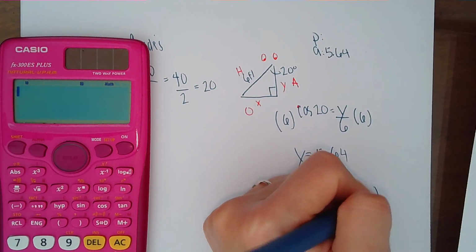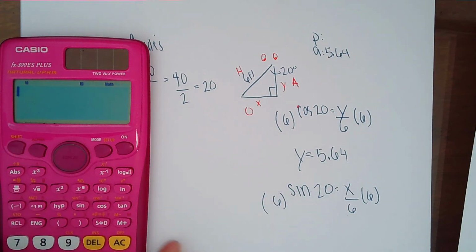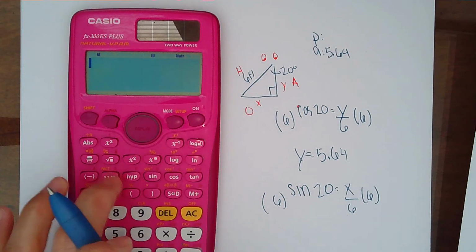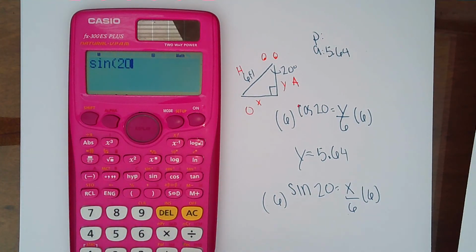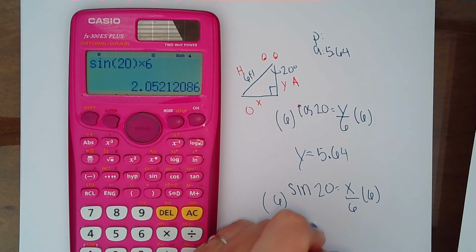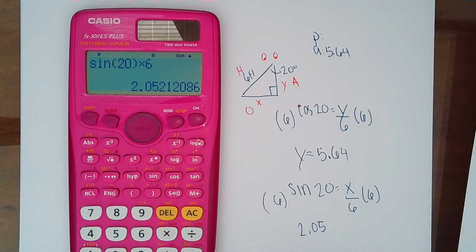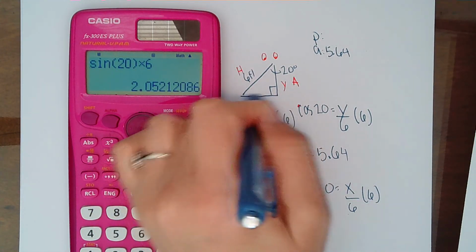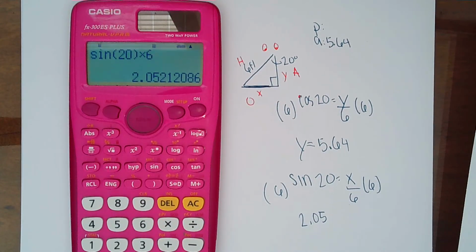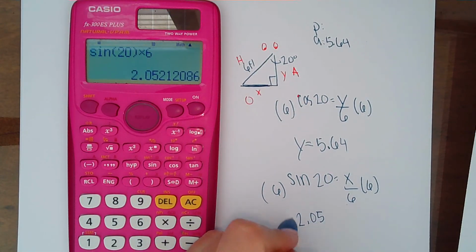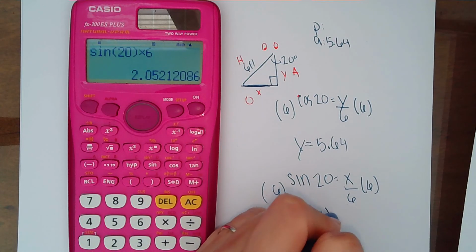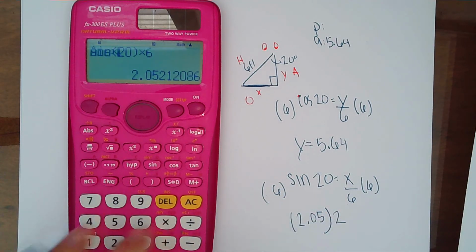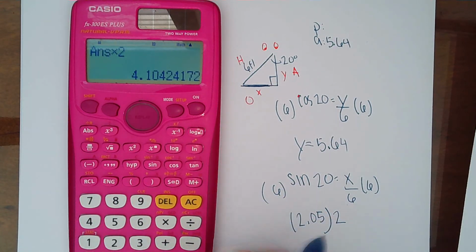Now I'm going to multiply this side by 6 and this side by 6, and I will do sine 20, close my parentheses, times 6, and I will end up with 2.05. Keep in mind that was only part of the side. Don't have a nonagon to show you, but now I'm going to multiply that 2.05 by 2, and I will get 4.10.